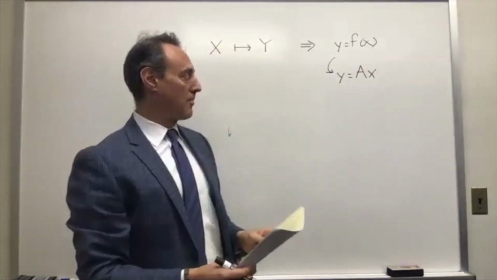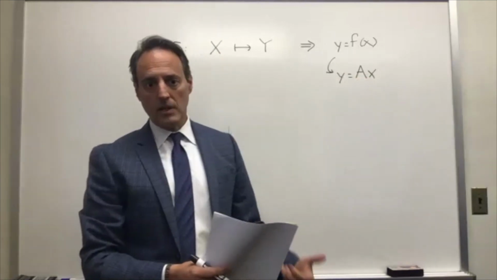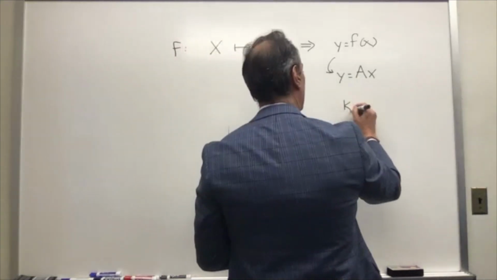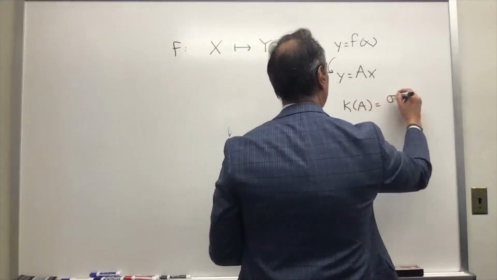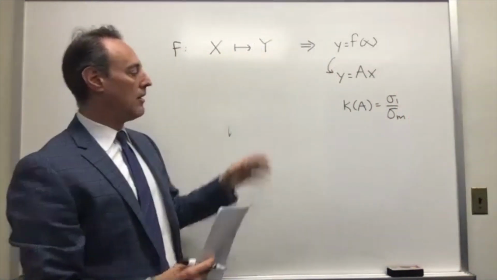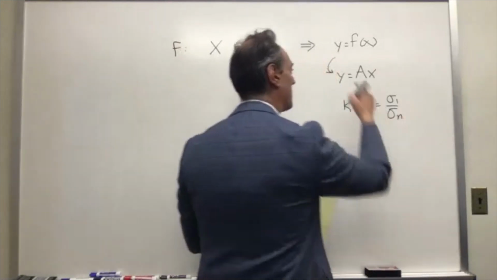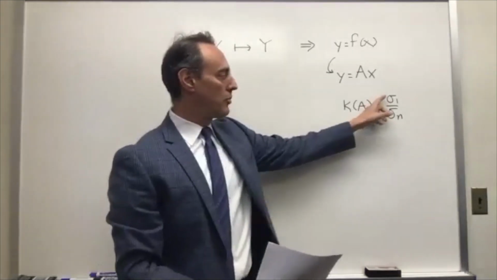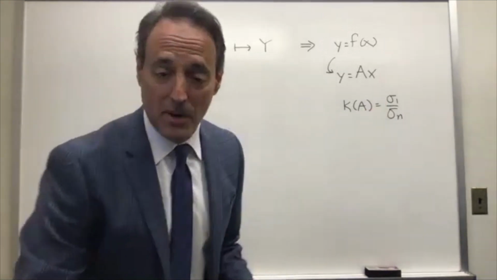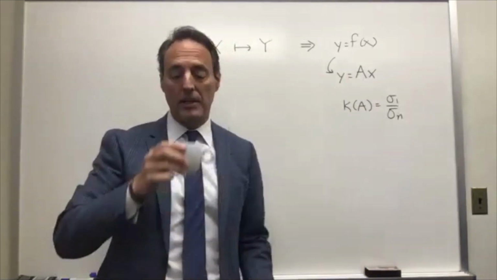If this is a matrix operation, then what we're interested in is how we think about the condition of that matrix A. I gave the condition number of that matrix A as a ratio. If this is an m by n matrix, it was the ratio of the largest singular value to the smallest singular value. So if the smallest singular value is 0, this condition number is going to blow up, and this problem will be ill-posed.